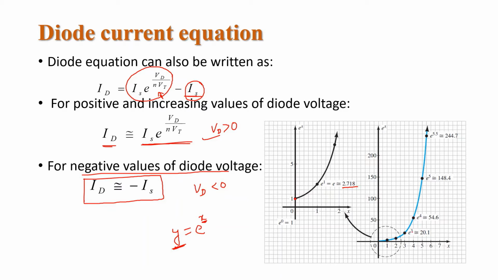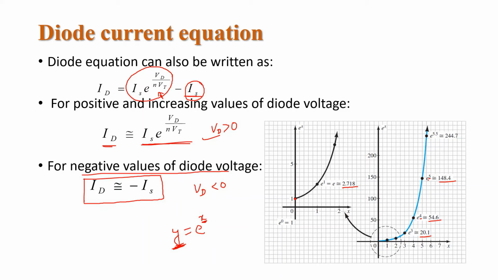Similarly, for x equals 3, y has already become 20.1. For x equals 4, we have y equals 54.6. For x equals 5, we have y equals 148.4, and so on. For small changes in x, we have very large changes in y in an exponential relationship.